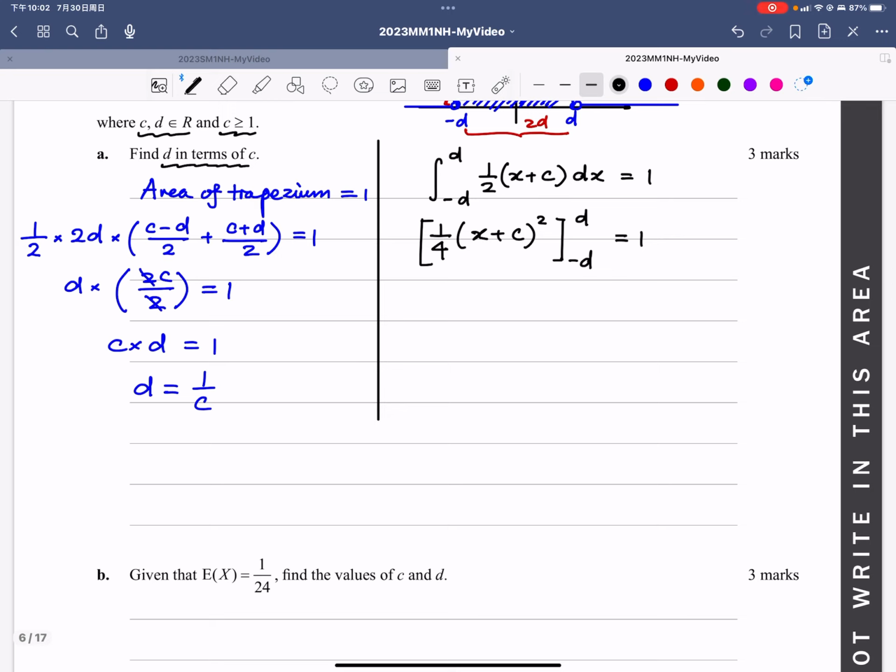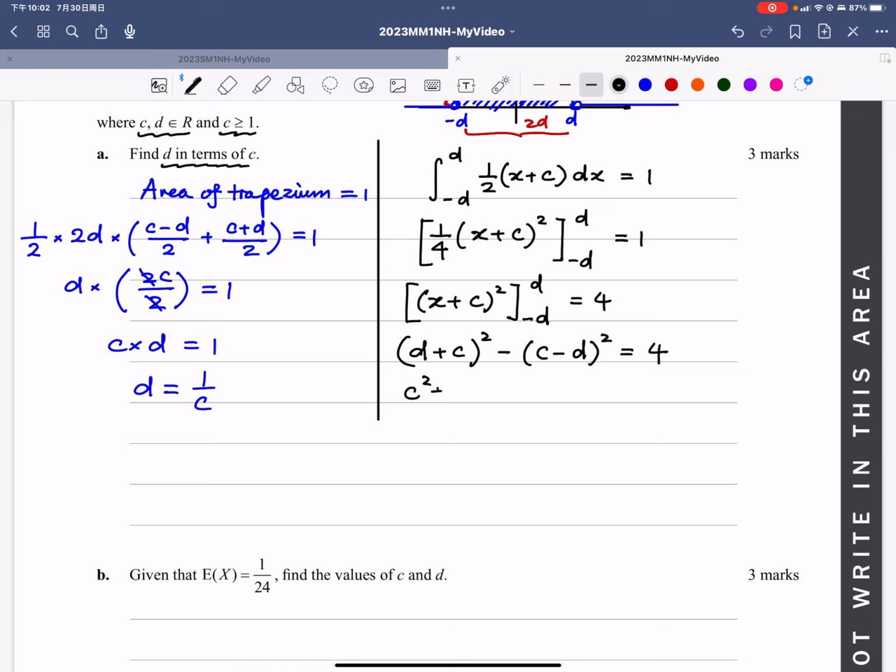And then I could multiply both sides by 4, for example. Then (x plus c) squared evaluated between minus d to d equals 4. So (d plus c) squared minus (c minus d) squared equals 4.